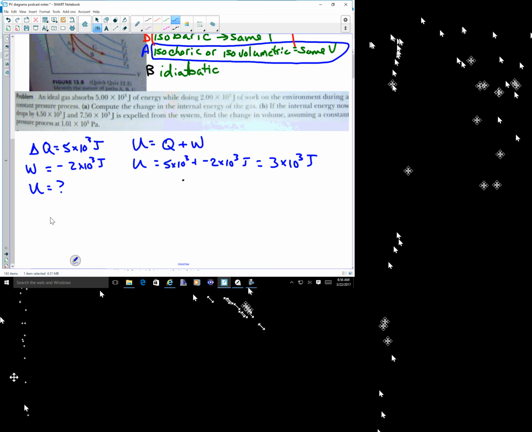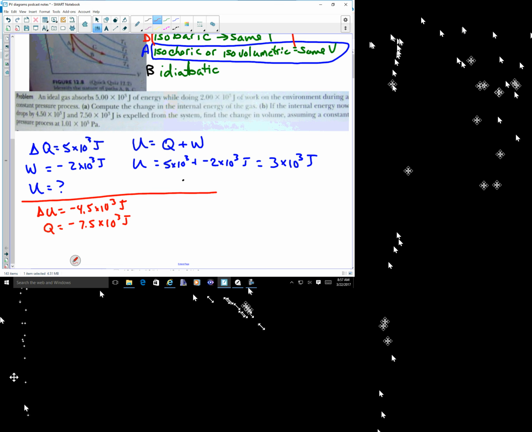The change in internal energy, this is now question number 2, is now a negative 4.5 because you lost it, times 10 to the 3rd joules. And it also says that 7.5 times 10 to the 3rd joules is expelled from the system. Well, once again, that's going to be Q. And since you're getting rid of it, it's got to be negative. So that's going to be a negative 7.5 times 10 to the 3rd joules.